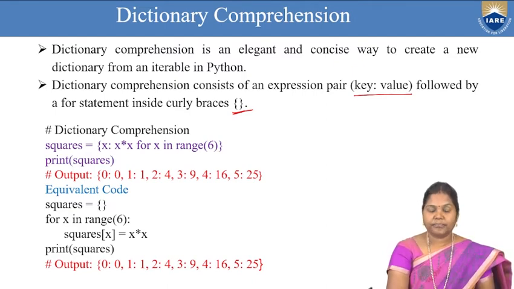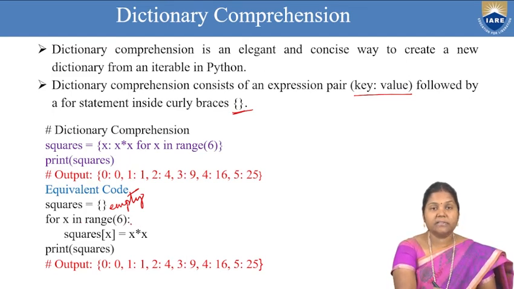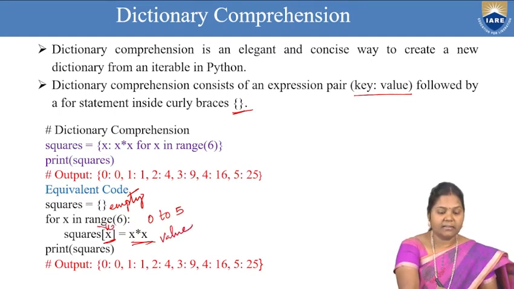So how to write it? If you want to write it in a loop, then you have to create one empty dictionary first. Squares is an empty dictionary. Then you have to write a for loop, for x in range of 6. That means it will run from 0 to 5. For every x value, x into x is the value and x is here the key.